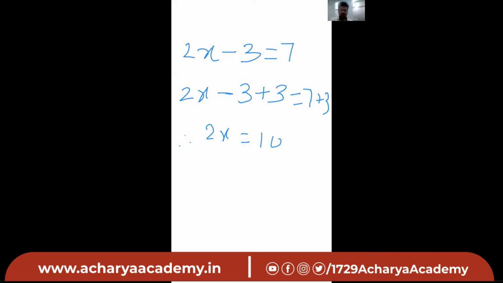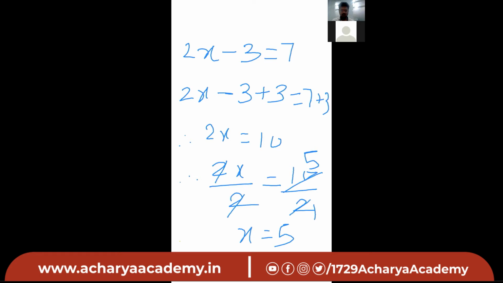Now x is multiplied by 2, and we want to remove this 2 also. Since we have multiplication, we divide: we divide 2x by 2 and also 10 by 2, because there's an equality sign between them. Therefore we get x equals 5.